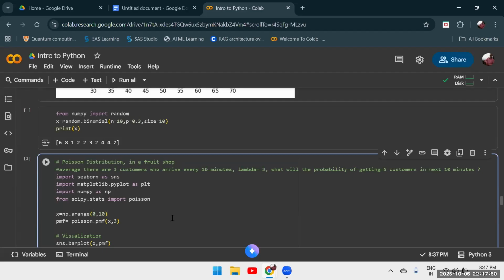The Poisson distribution works only based on intervals, because, as I told you, the number of events happening in a fixed interval of time is what we estimate in a Poisson distribution. I'm not considering whether the same customer will come again.